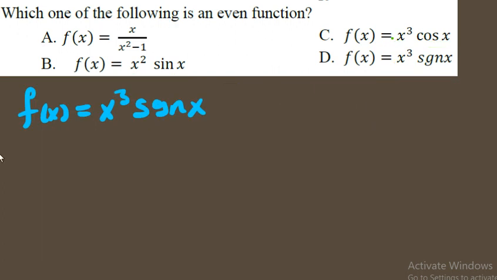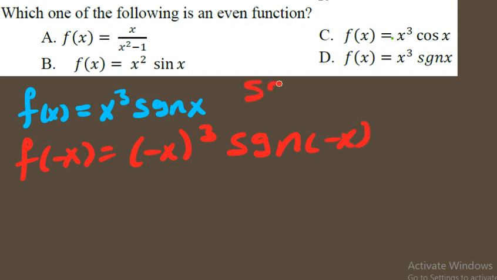So this time if you substitute like I did before, what will happen? F of negative x means negative x cube times signum of negative x. But remember, signum of negative x is the same as negative signum of x. The negative comes out like that of sine and tangent because it's an odd function.